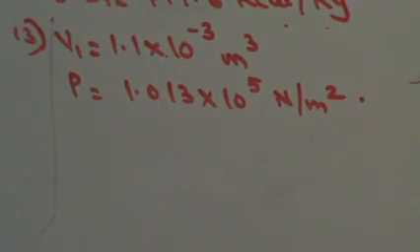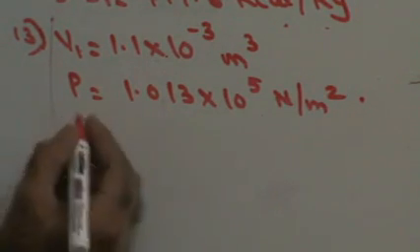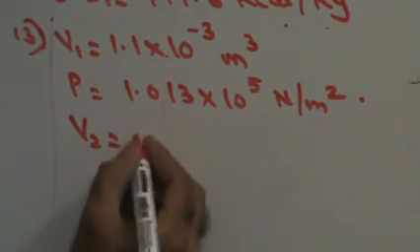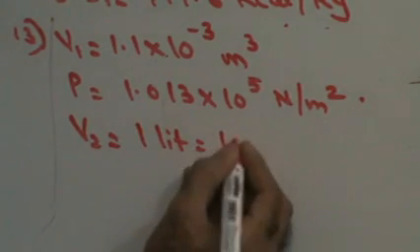When the ice is melted, 1 liter of water is formed.